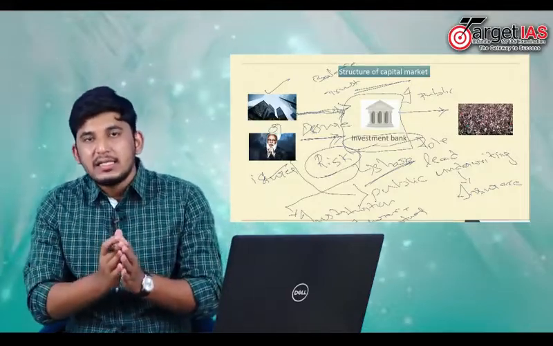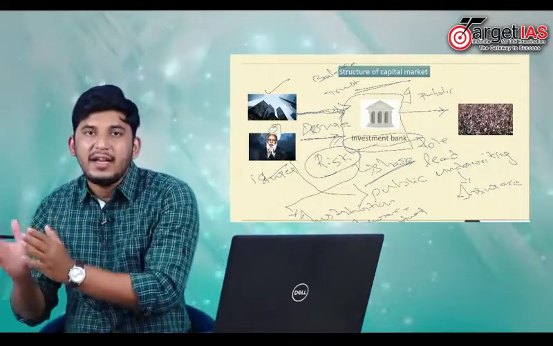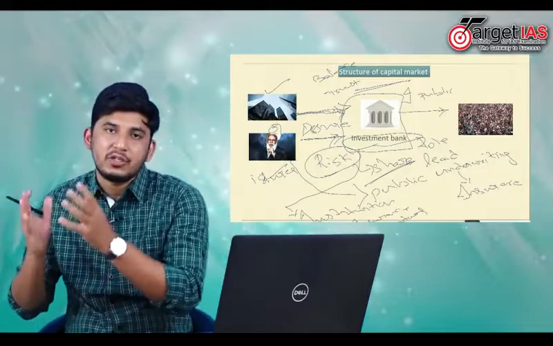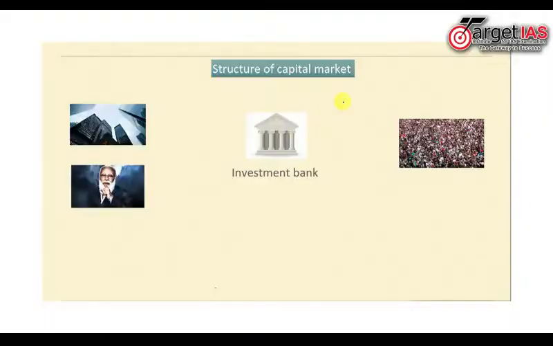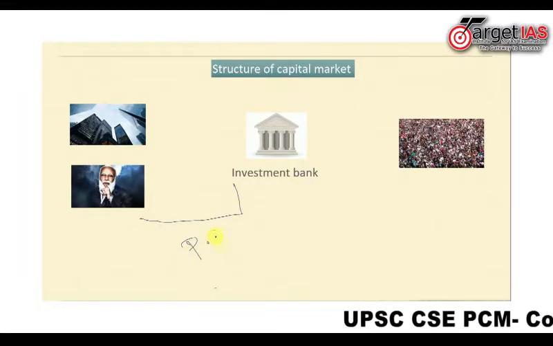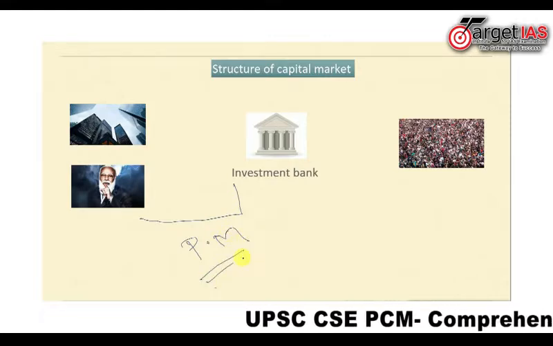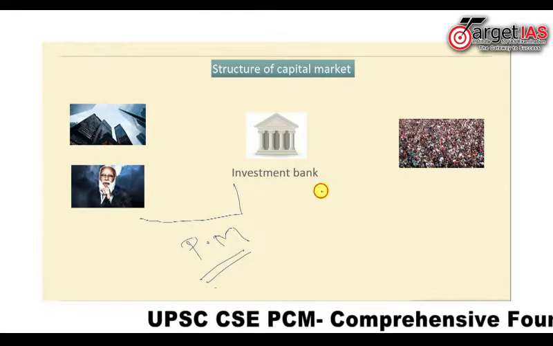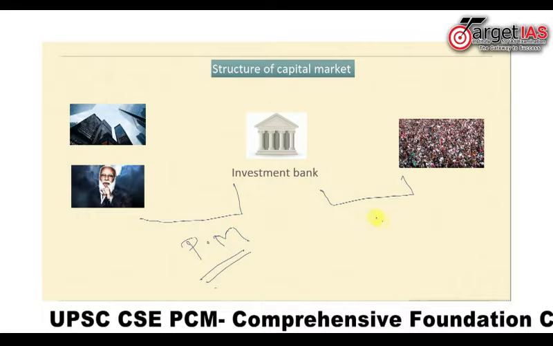Again, they will sell this to the public, where trading happens. If trade happens, that happens in the secondary market. So let me give you a brief. This is the primary market, and when trade happens, this is called the secondary market.